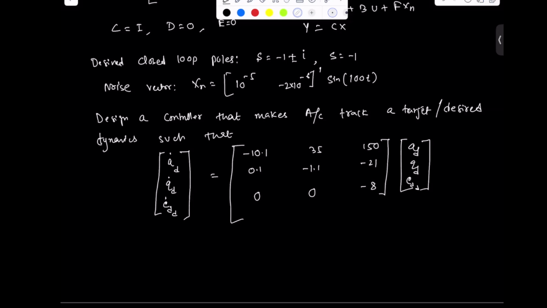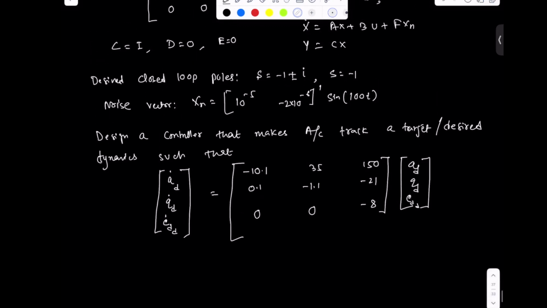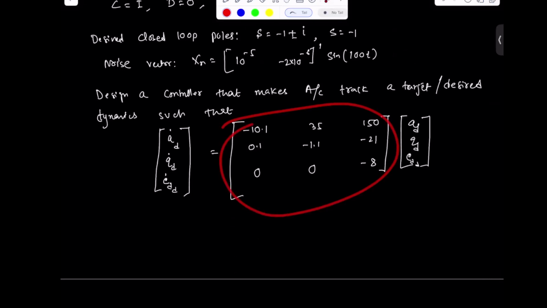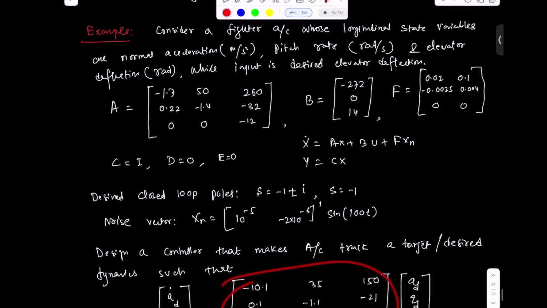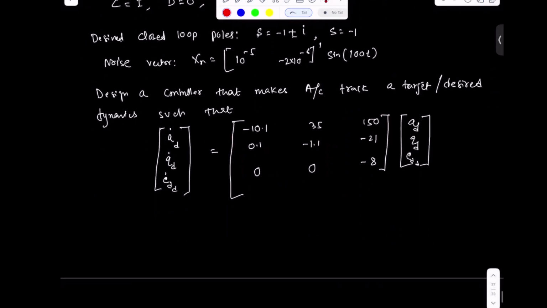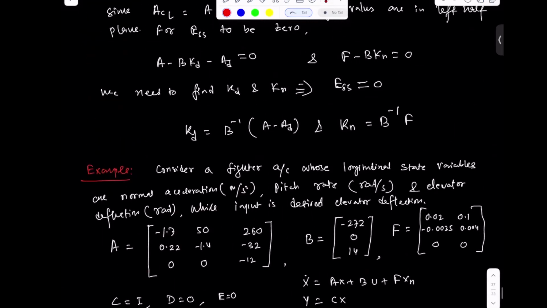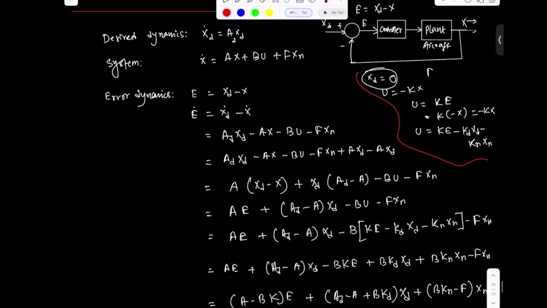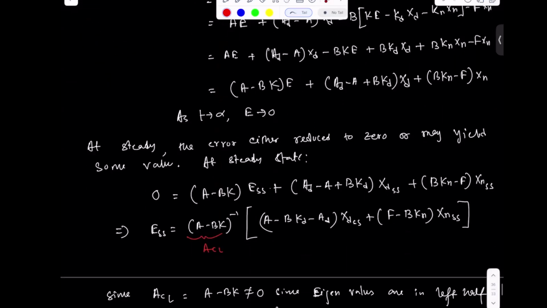So the desired dynamics. One thing, please remember: the dimension of the system matrix of the desired dynamics should be the same as the original system dynamics. This is very important. Otherwise, we can't take the error between them.